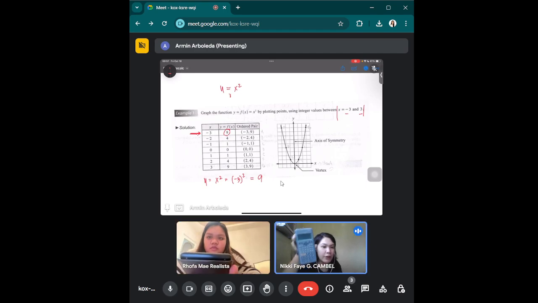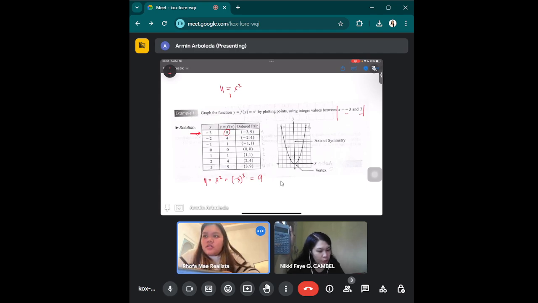Diba do you have the 9 already? You have to just press the equal sign. It's gonna ask another x again. So you don't have to input the equation again. Tama po yung 2 and 1. Tama po yung 2.